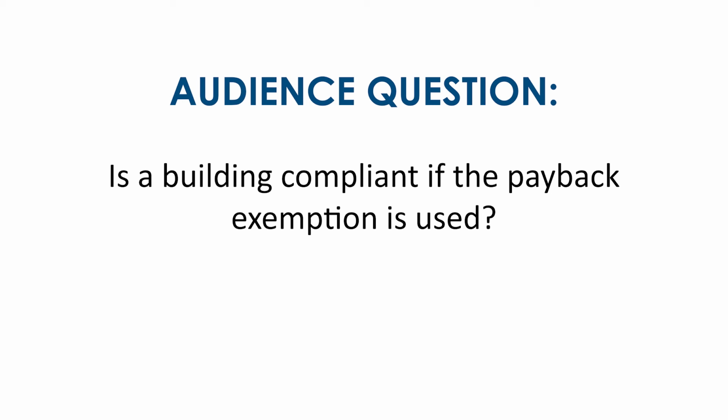So far, the way the rules are being interpreted is, as long as you've shown that you're using less energy than a building that implemented all of the measures that have less than a 15-year payback, you are still SB 2030 compliant.